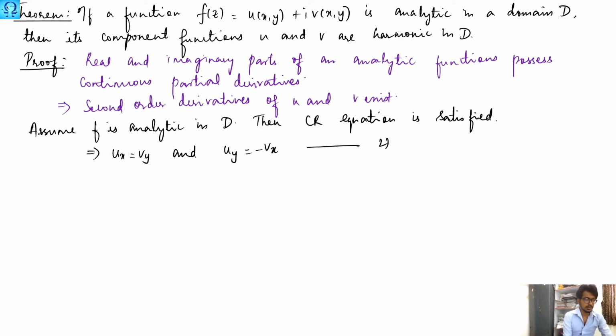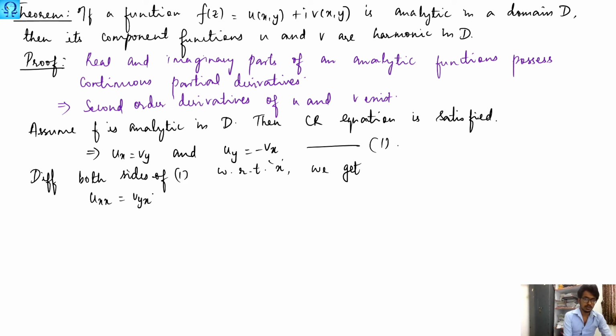Let us have them as equation 1. Differentiating both sides of 1 with respect to x, we get u x x is v y x and u y x is minus v x x. Let us mark this as equation 2.